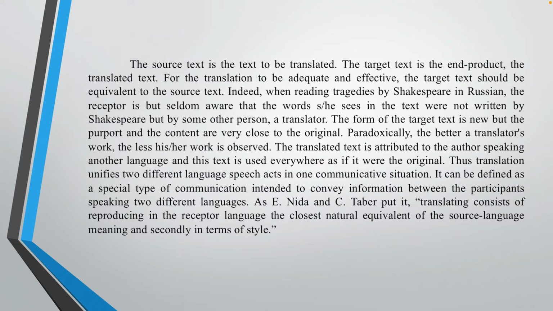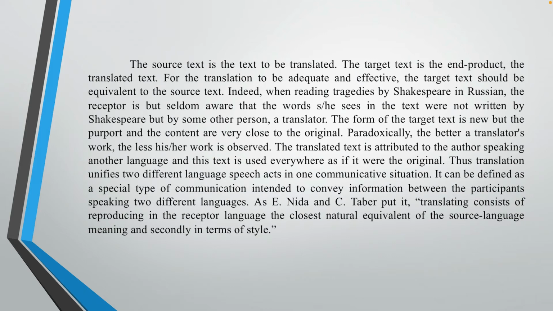For the translation to be adequate and effective, the target text should be equivalent to the source text. Indeed, when reading tragedies by Shakespeare in Russian, the receptor is but seldom aware that the words seen in the text were not written by Shakespeare but by some other person, a translator.